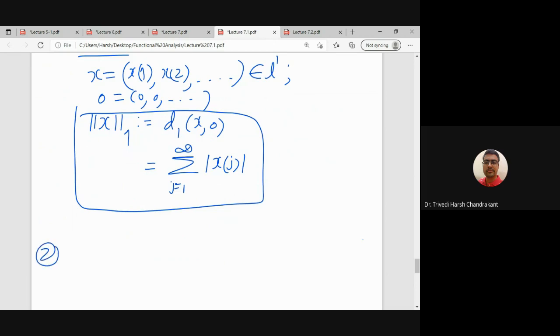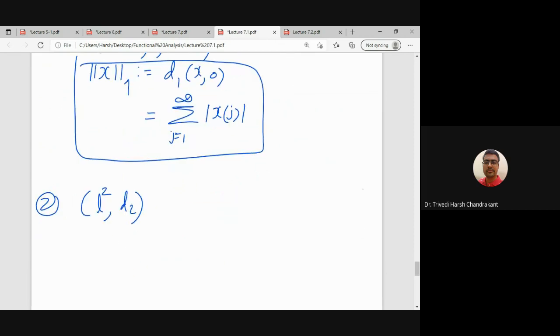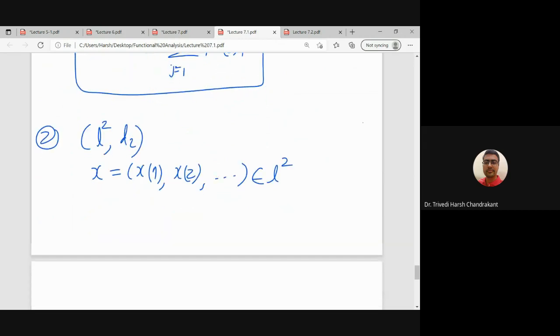Similarly, in the metric space L2, d2, if you take the sequence, then its two norm we can define as, again, the distance d2 of x with 0.